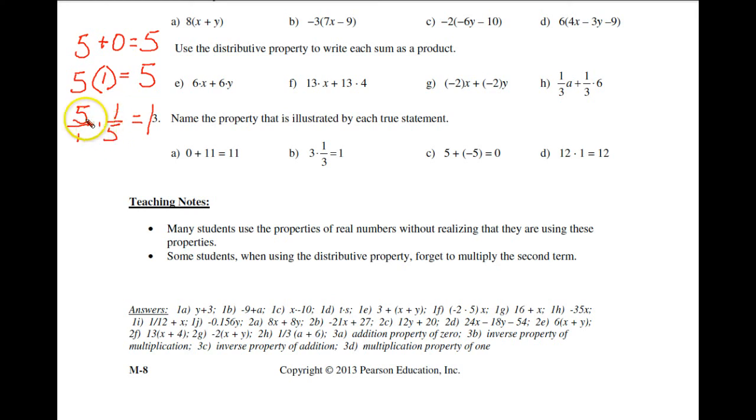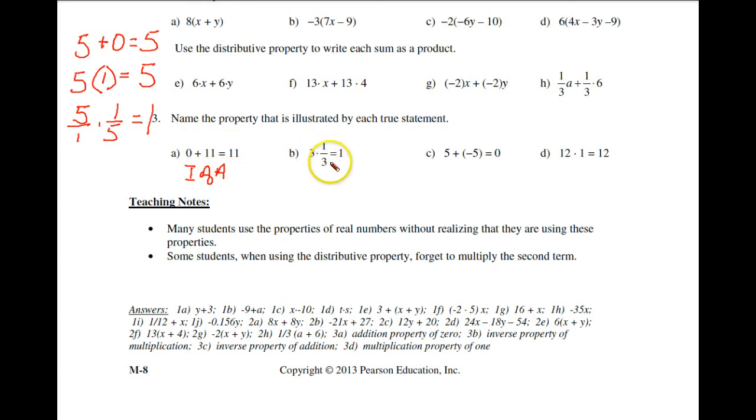And you might say, oh, that's called the reciprocal. Yes, the reciprocal and the inverse is the same. Okay, so now that we had these properties, what is this one? Identity of addition. We can add 0 to anything and not change its value.